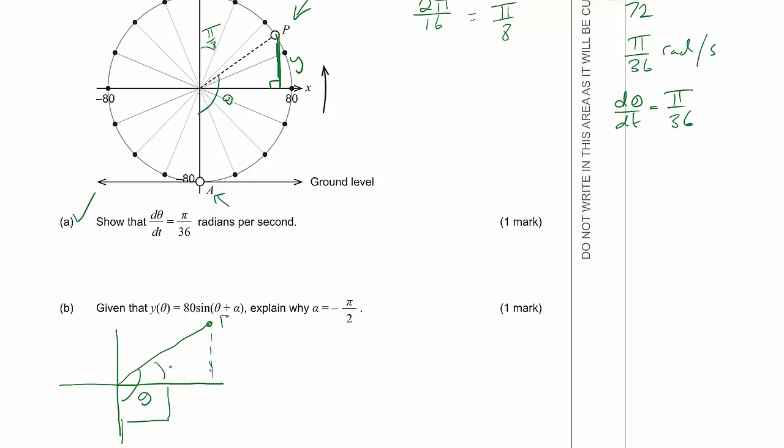So if we just call this for a second phi, we know that y is going to be, we know that this is 80, the hypotenuse, 80 times sine phi, and from my diagram I can see that phi is equal to theta take away pi by 2, so we've got 80 sine theta minus pi by 2.